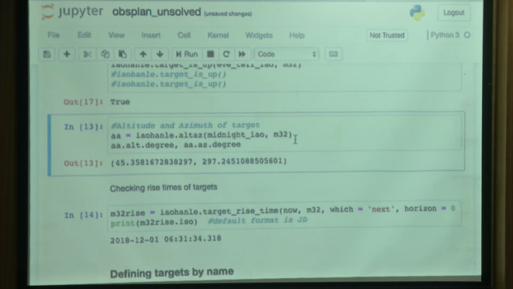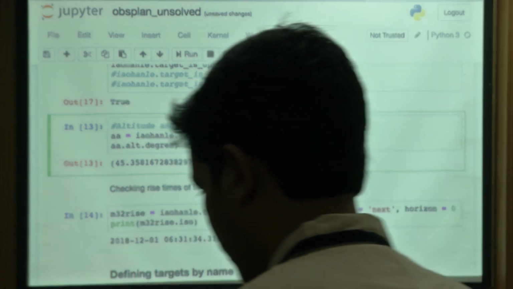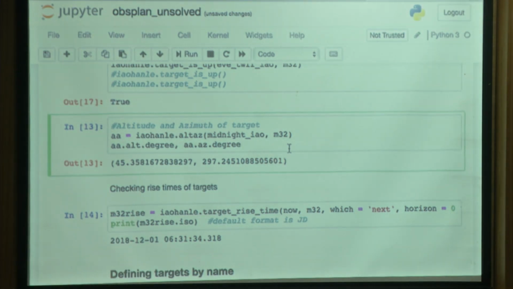Now, as we saw, the RA and Dec are universal coordinates, so they do not change with time. Well, they do, but what we're really interested in are the local elevation and the azimuth, or the altitude and the azimuth of the source. And so the altaz function can convert the RA and Dec to the local coordinates, the local altitude and azimuth.